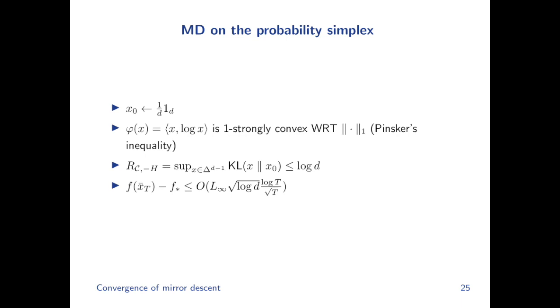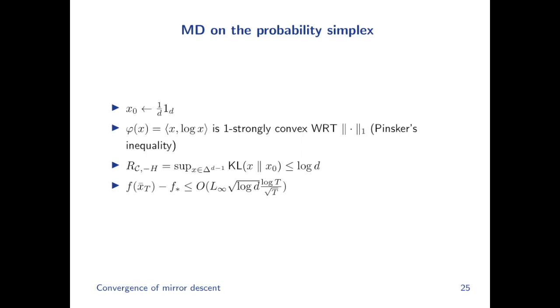The correct norm to pick here turns out to be the L1 norm, because the negative entropy function is strongly convex with respect to the L1 norm. This is called Pinsker's inequality. It's not entirely obvious, but it's true. And once you pick these norms, you can just plug everything into the mirror descent theorem, and you get what seems like the same rate, right?